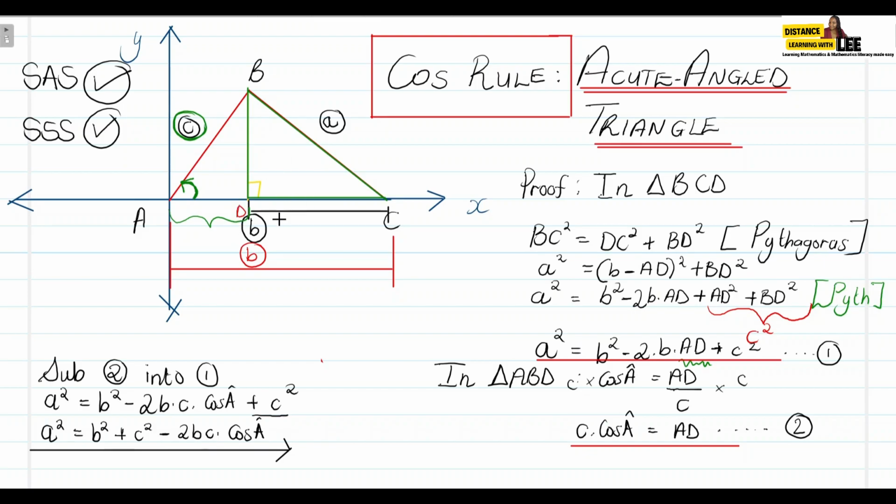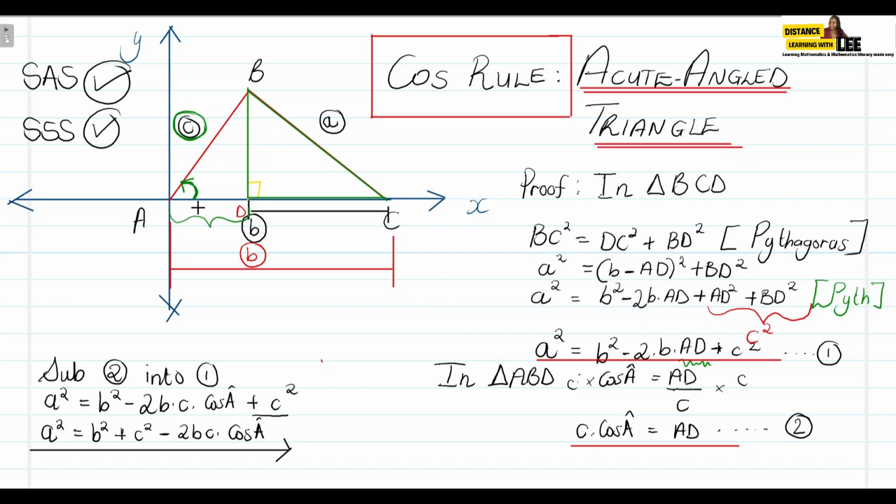And from there, we could see that this DC can be written as your b minus your AD. And then that's where we notice that AD squared plus your BD squared is actually c squared, based on Pythag. And then from there, we were able to take it further and focus on triangle ABD.